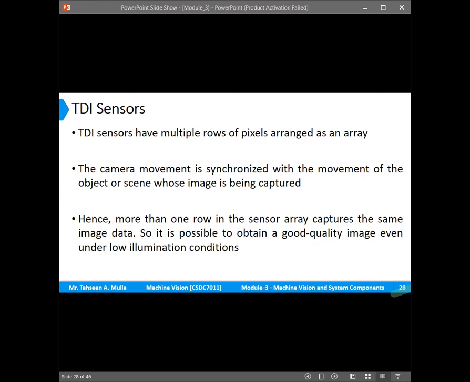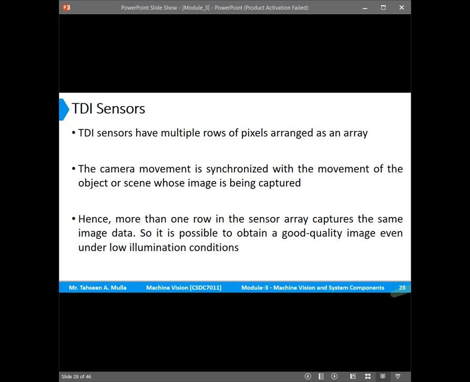Now in TDI sensors, the image needs to be quickly recorded from the camera as it is moved away. This may not always be feasible when we are using this in industrial settings, where it may not happen in a very smooth manner. These TDI sensors have multiple pixels arranged as an array. The arrangement is very important for using any kind of sensor, might be CCD, CMOS, or TDI, or any type of camera, line scan or area scan.